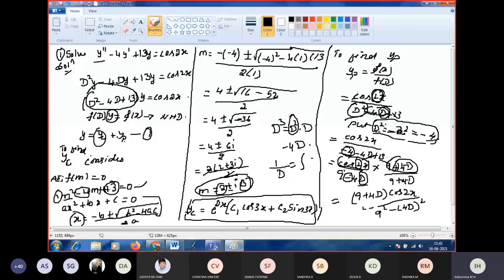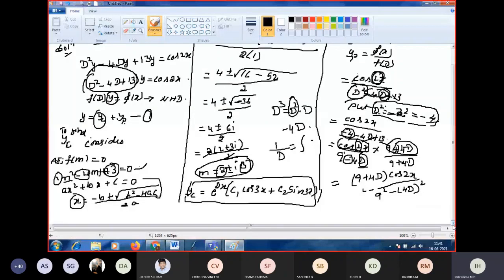Now we have to do simplification for both numerator and denominator. Multiply the numerator as 9 into cos 2x plus 4 into d of cos 2x.